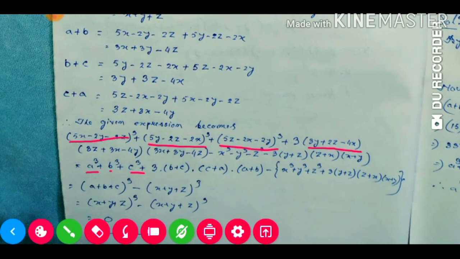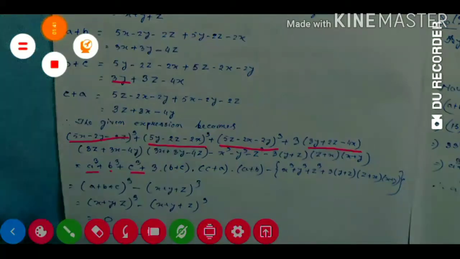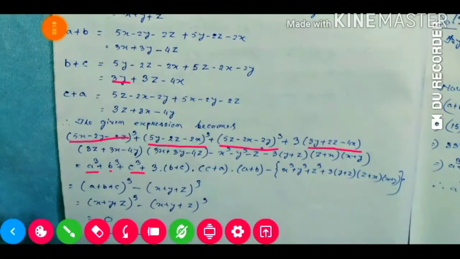From where we got this one, 3x plus 2z? See, b plus c, it is not 3x, it is 3y, so 3y plus 2z minus 4x. Let me see, in the question I have written 2z here, but it is 3z, so we'll correct this, it will be 3z.